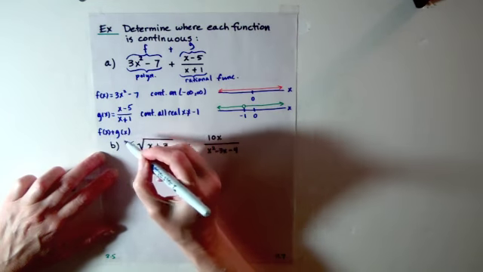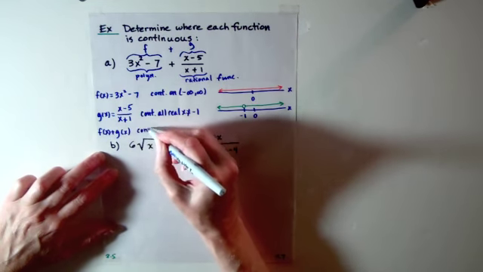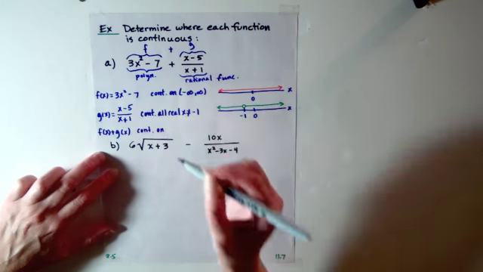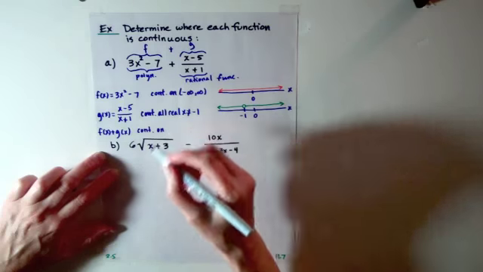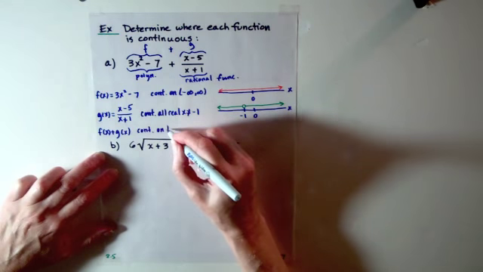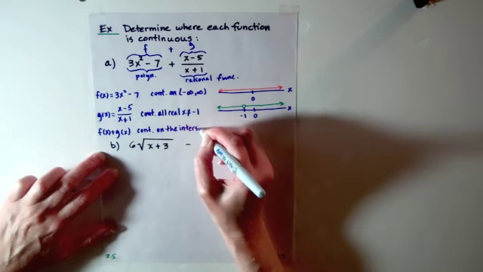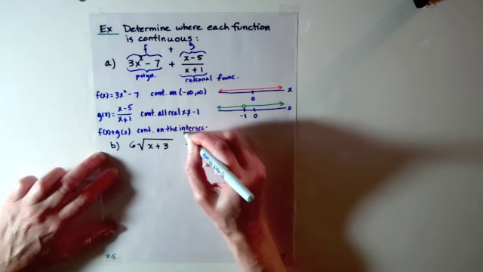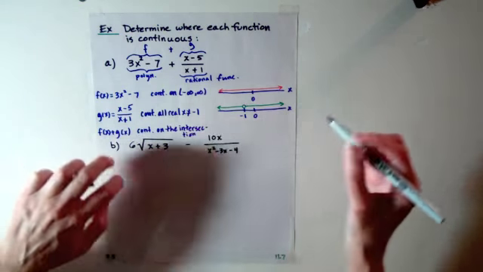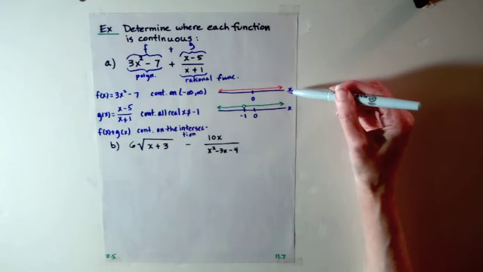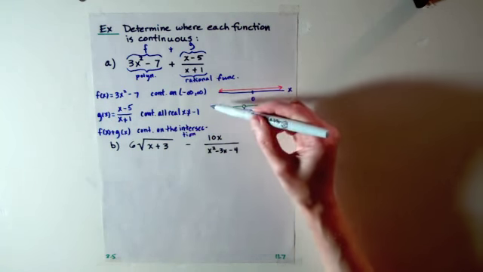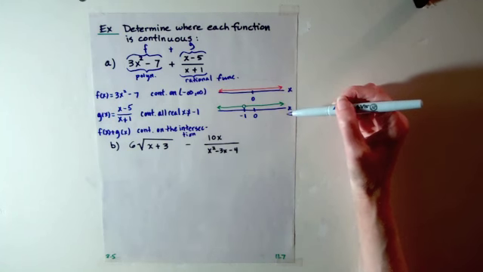So f of x plus g of x is continuous on the overlap, or we more formally call it the intersection of the red points where f is continuous and the green points where g is continuous.